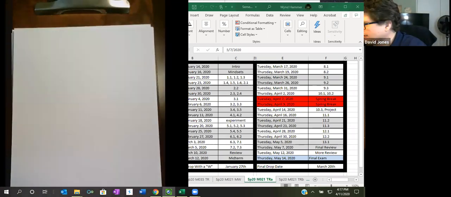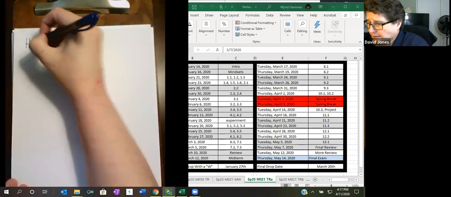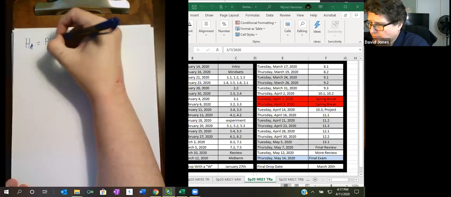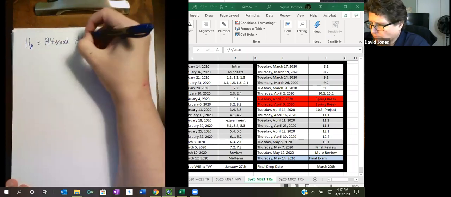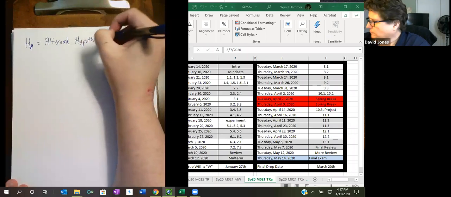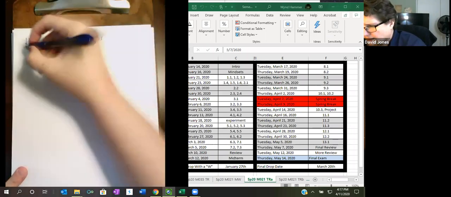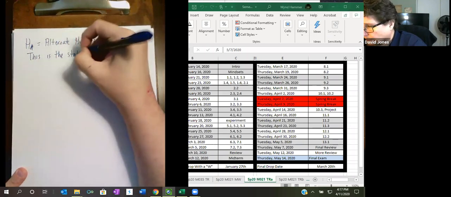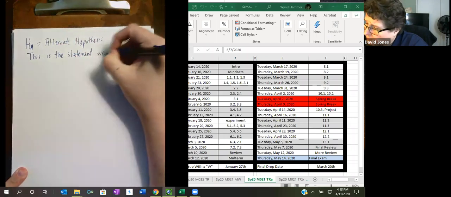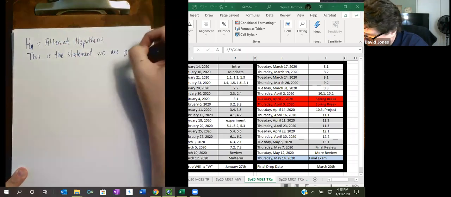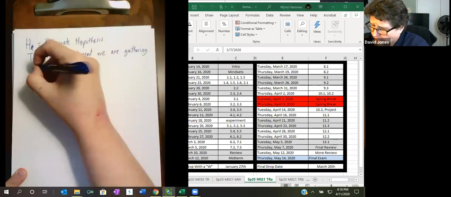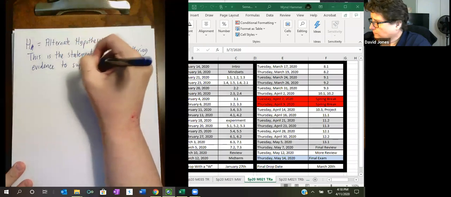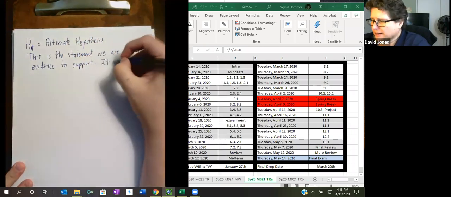The alternate hypothesis, HA, this is the statement we are gathering evidence to support. It is a statement of inequality.